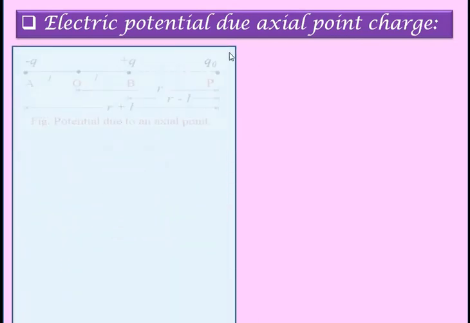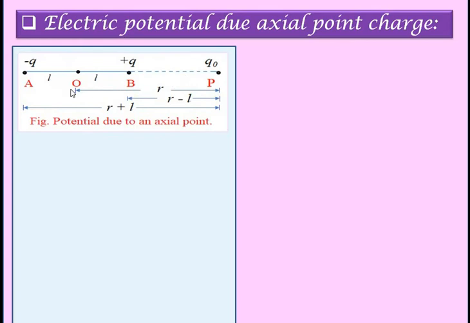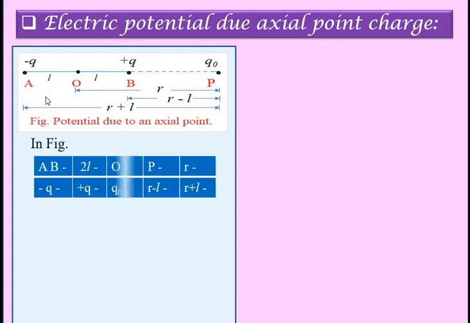For this purpose, see the diagram. Here, AB is the electric dipole having length 2L. O is the center of the electric dipole. P is any point at a distance r from the center of the dipole.